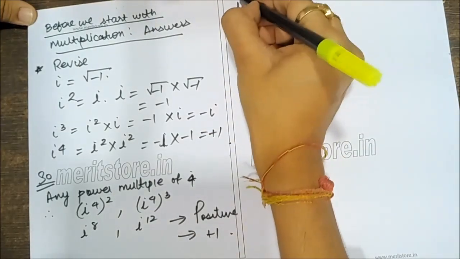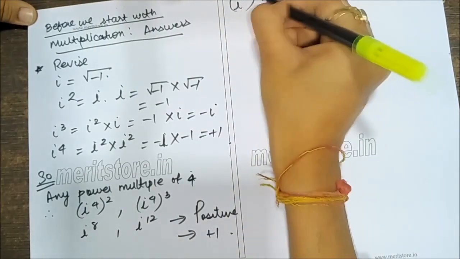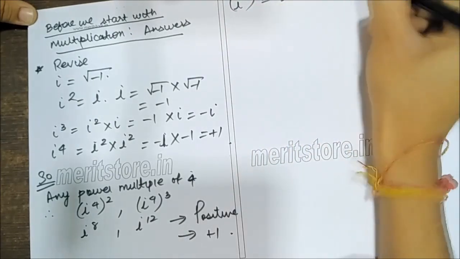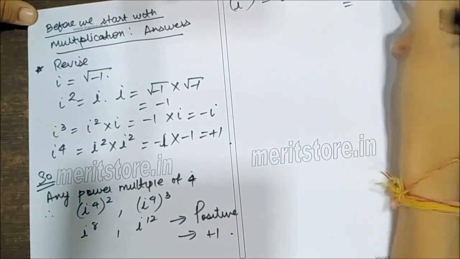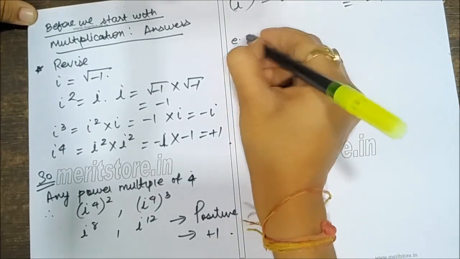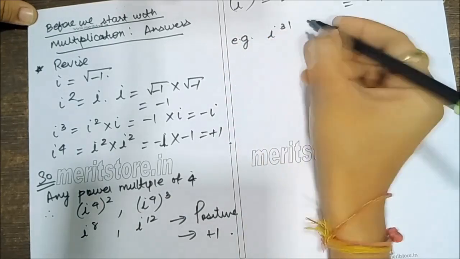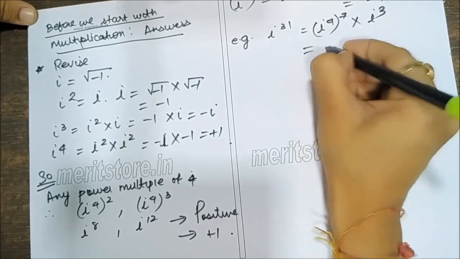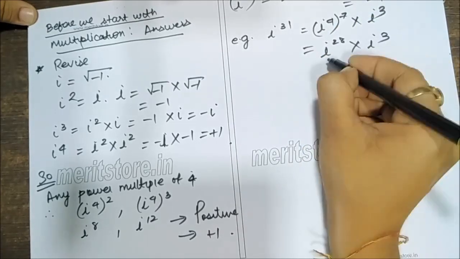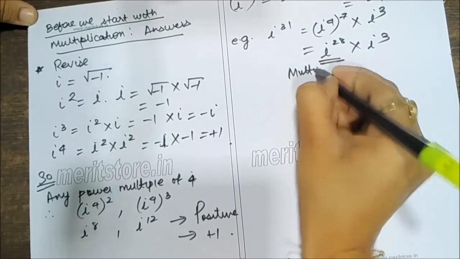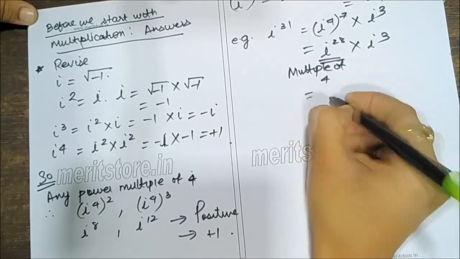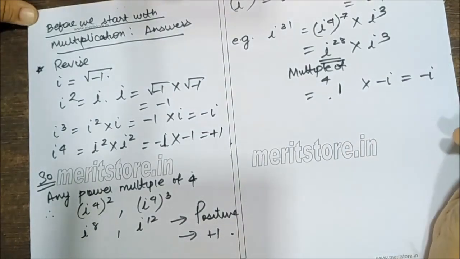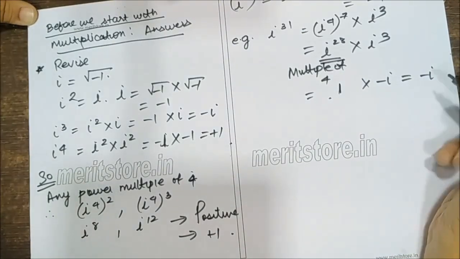But if it's, let's say, i raised to 5 raised to 10, you can write it as i raised to 8 into i raised to 2. You know your answer is always positive 1. i square is minus 1, and here you get minus 1. Again an example, i raised to 31, let's say. So this is i raised to 4 raised to 7 into i raised to 3. That is i raised to 28 into i raised to 3. Again, this is a multiple of 4. So here you will get 1 into minus i, that is minus i. That way you will solve.